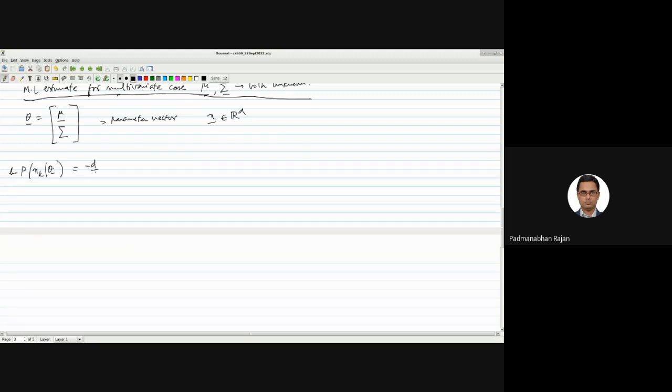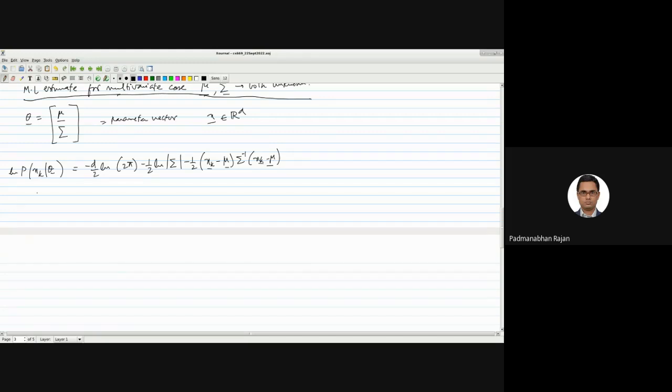So we have minus d by 2 log of 2 pi, minus half log of determinant of sigma, minus half xk minus mu transpose sigma inverse xk minus mu. So this is my log likelihood function.